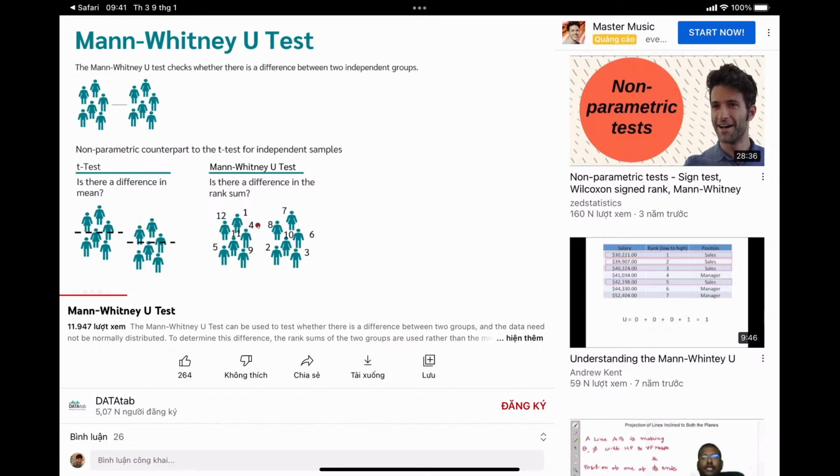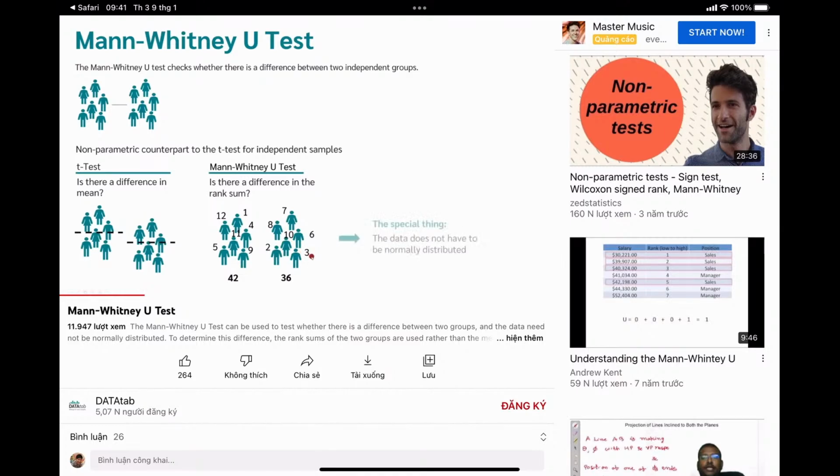Now we have assigned the rank to each person. Then we can simply add up the ranks from the first group and add up the ranks from the second group and compare the ranks. In this case, we get a rank sum of 42, and in that case, we get a rank sum of 36. But don't worry now, we'll go through this in more detail in a moment.